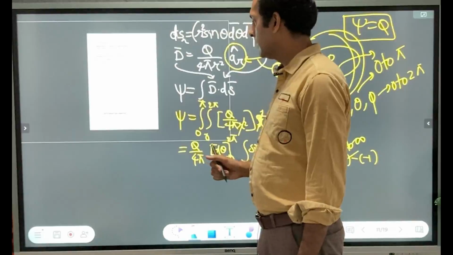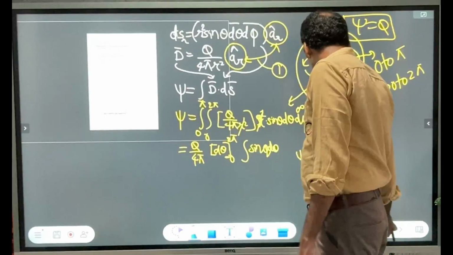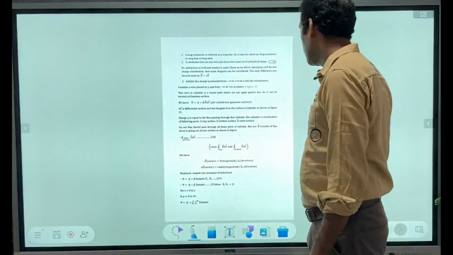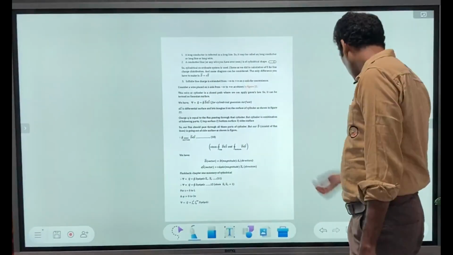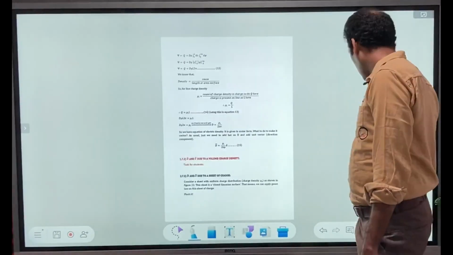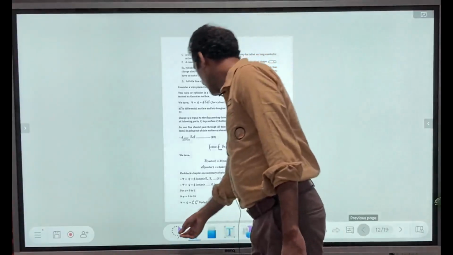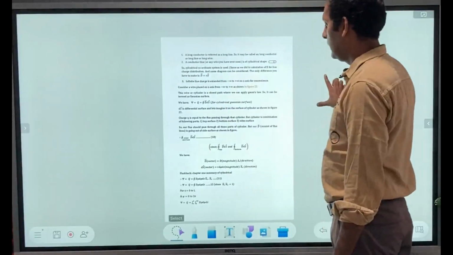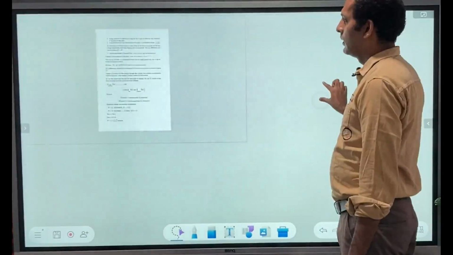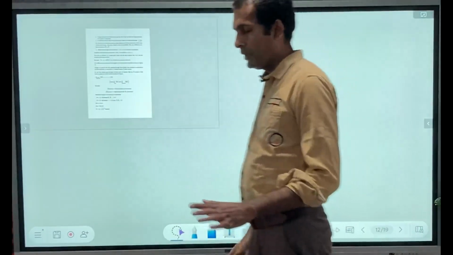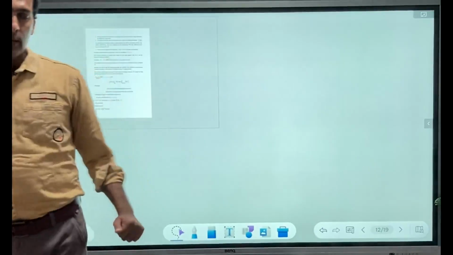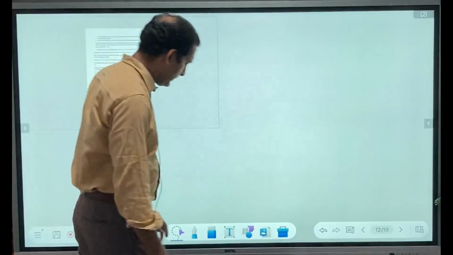Now let us see some case where we will see the electric flux density due to some charge carrying conductor. So let us discuss it. For that, let us have one diagram. We have to consider a conductor, a current carrying conductor.